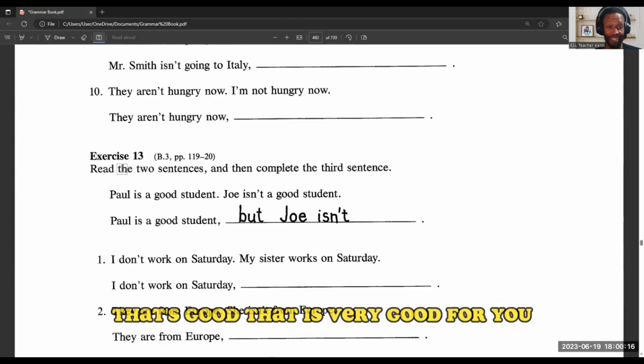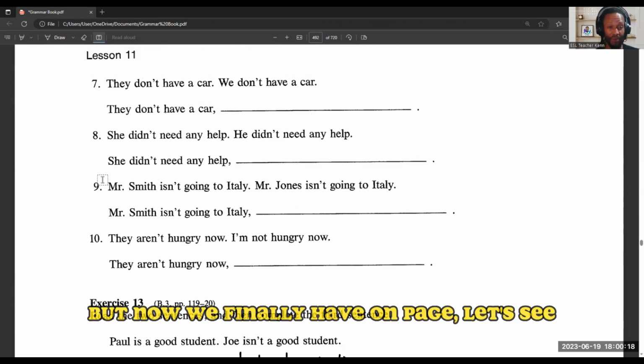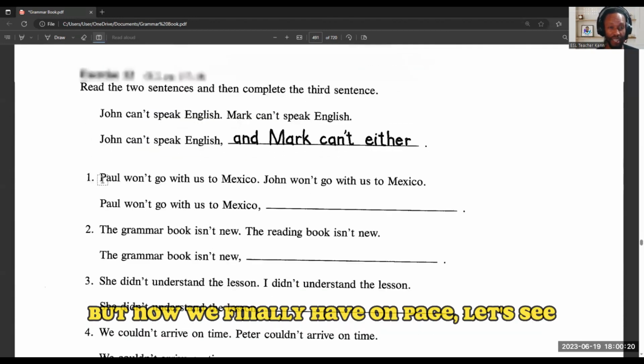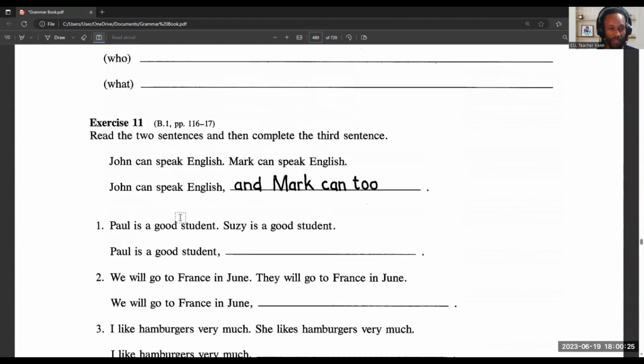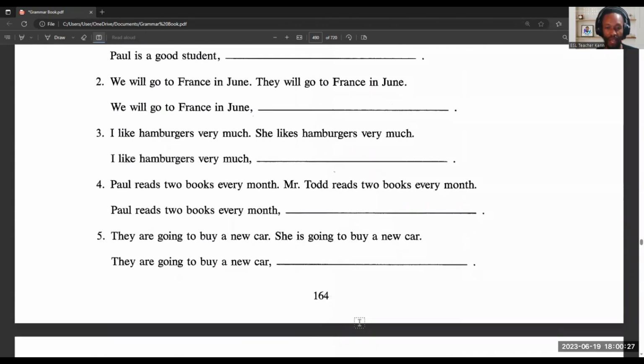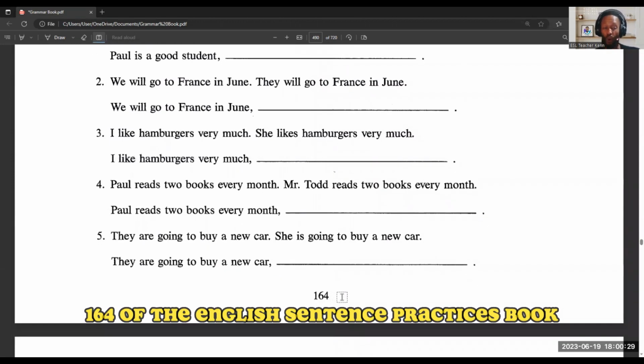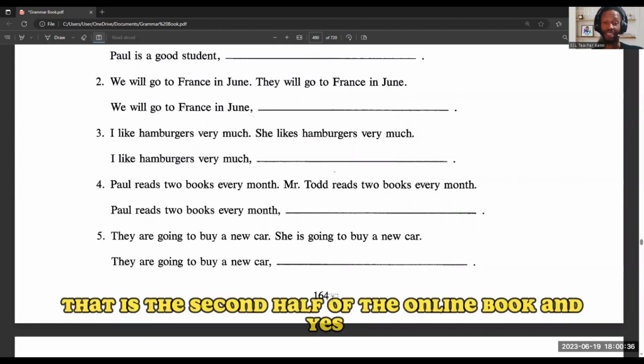That is very good for you. But now, we finally have, on page 164 of the English Sentence Practices book, the second half of the online book.